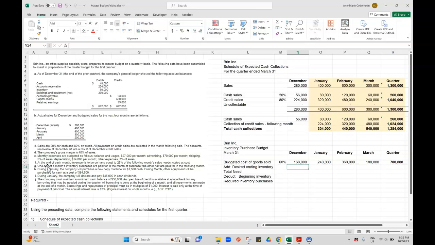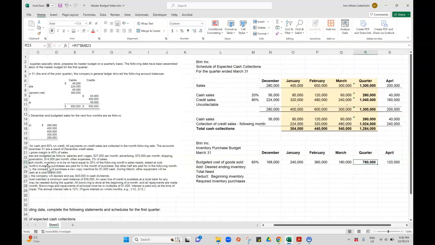Okay, so these are our sales stated at cost. If I get this sequence right, we're going to do 25% of the following month's sales stated at cost. So I'm going to take the following month and times that by 25%.